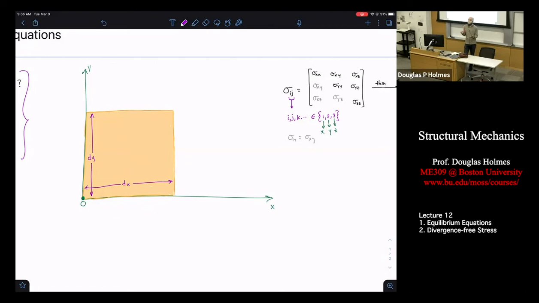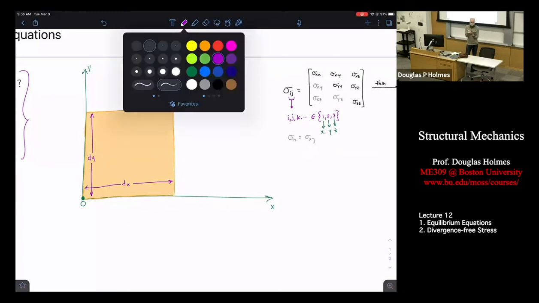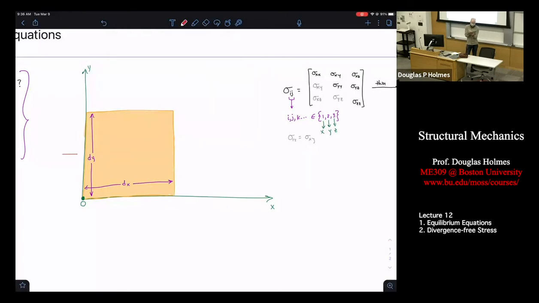Technically, what we would do is say that the distance in the z direction is our unit distance. We would say dz is equal to 1, but we don't need to worry about that for right now. Okay, so we have dy dx. If we apply a force on this face, if we apply a force in the x direction, then that should generate a stress in the x direction.